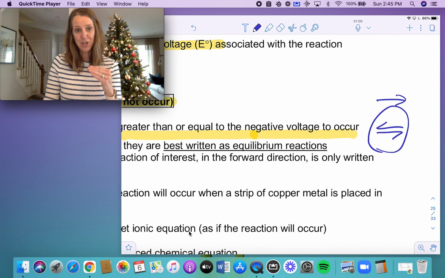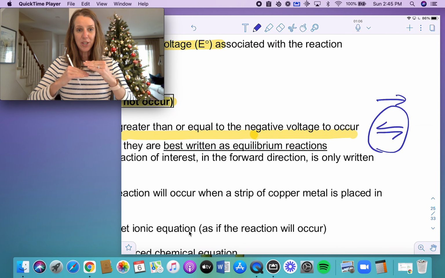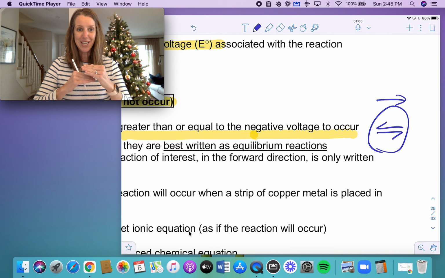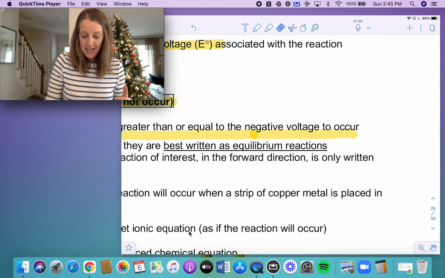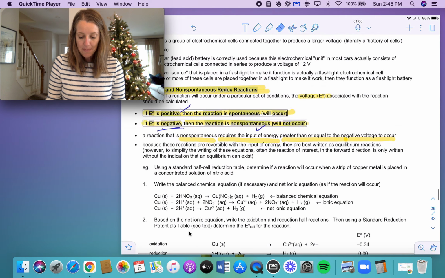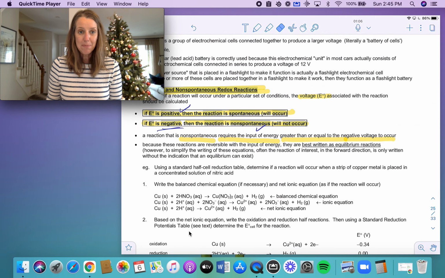It can go in the forward direction and it can go in the reverse direction, and that's what we call an equilibrium. So with regards to an electrochemical cell, basically it's showing that you can make it go in the forward direction or in the reverse direction, just depending on how you're looking at the cell.